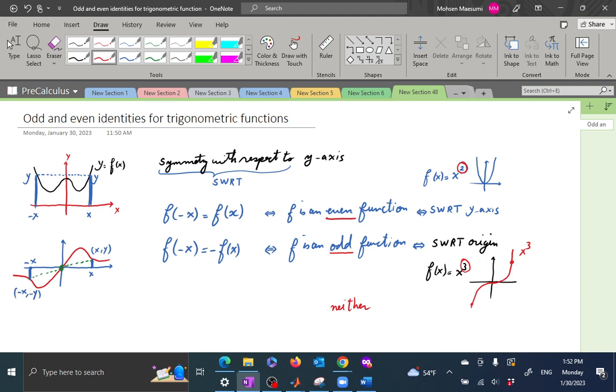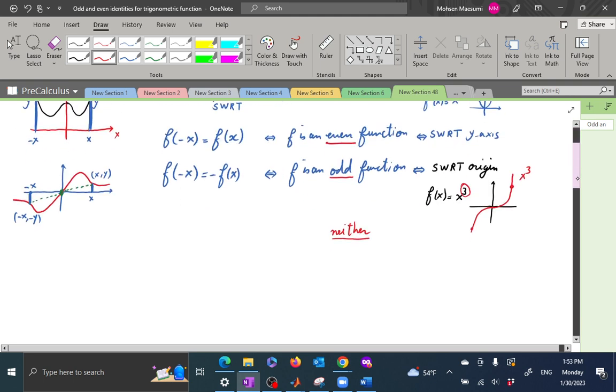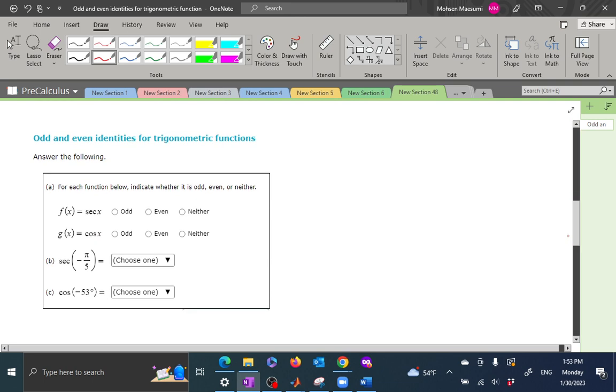You just search for the word symmetry in nature, and you'll see plenty of examples of flowers and other natural phenomena that are showing symmetry. So right now we are just focusing on this simple issue: symmetric with respect to the y-axis, symmetric with respect to the origin, and if it is neither of these two, we just call it neither, essentially brushing all of that under the carpet.